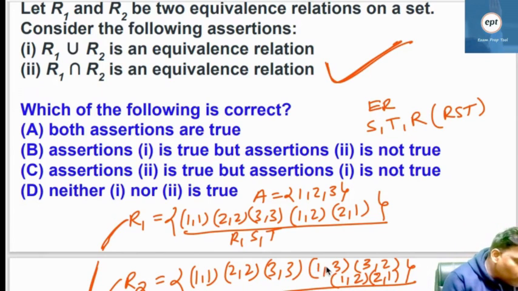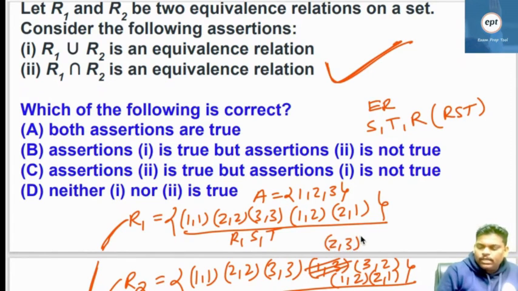So let me give one more example so that you will get the full clarity. So this is 2, 3, 3, 2. 2, 3 reverse is 3, 2. 3, 3 cancel, 2, 2. 3, 2, 2, 2, cancel 3, 3.